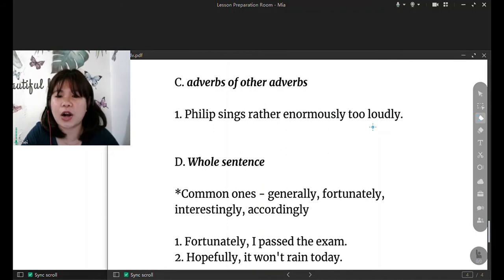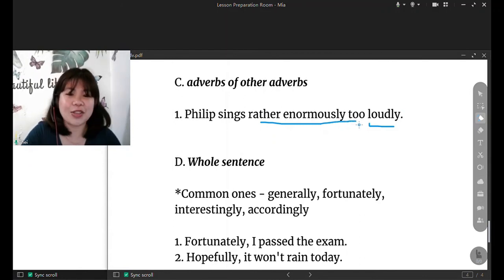So loudly is our adverb here. Now you can also see rather enormously too loudly. So that's a lot of adverbs, right? Now, you can add more adverbs if you want, but you have to be very careful because if not, your sentence would be clunky or weak. Okay, so there you go.